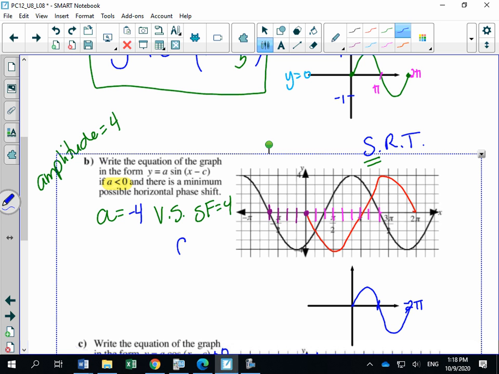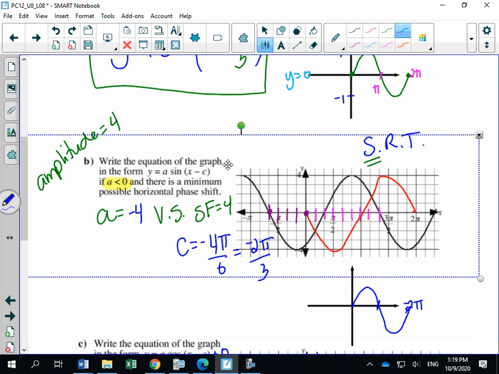So my C value is equal to -4 pi over 6, which reduces to -2 pi over 3. That would be my C value. After it undergoes a reflection, I have to figure out how to get this point, which was the original, to the minimum phase shift, which would be -2 pi over 3.